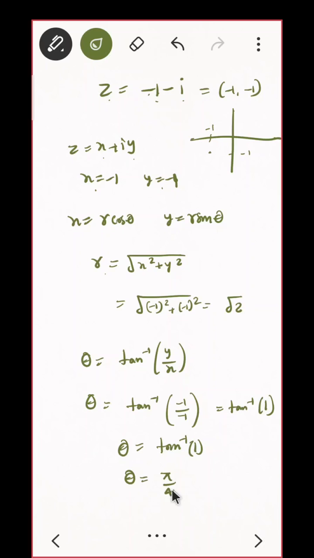45. But now the thing is that you are in third quadrant, correct? So if my question is find capital arg of z, so what will be my capital argument of z?